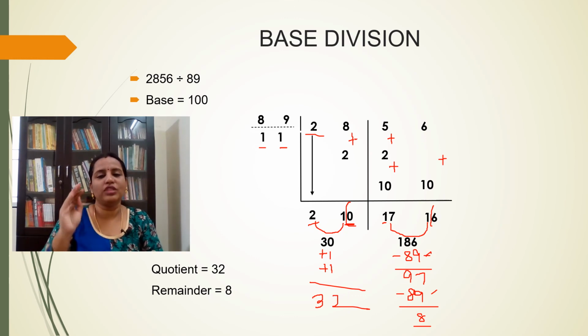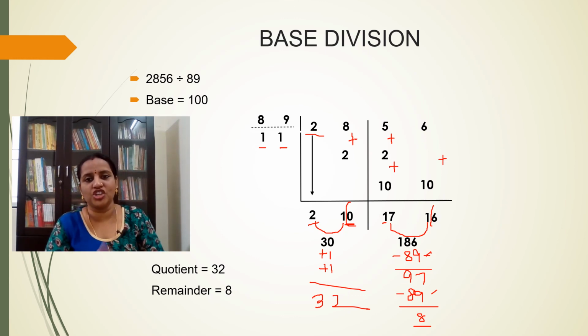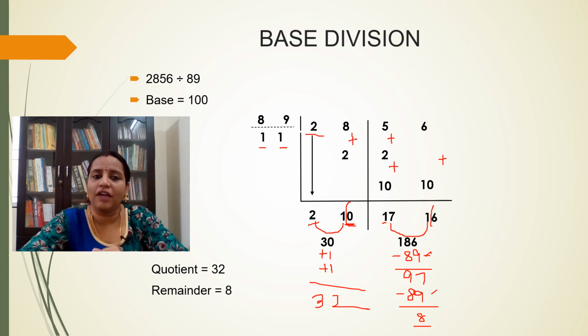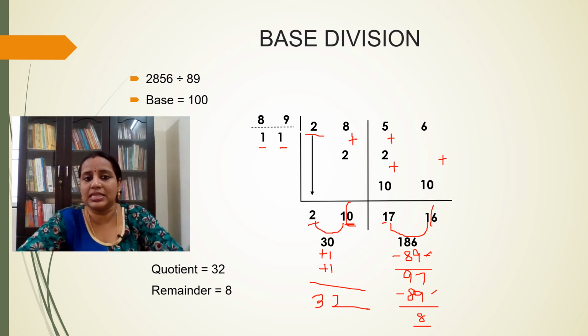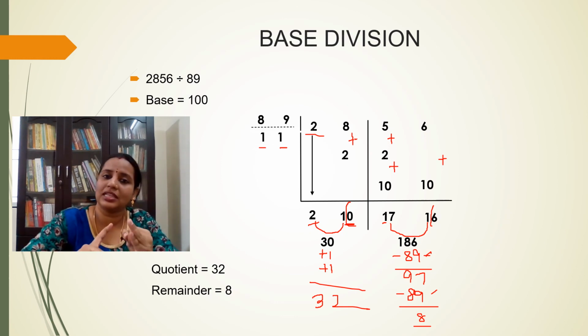The only few things you have to remember in division are, first you have to check the base and then split the remainder digits, which corresponds to the number of zeros in the base. Next, I have to check the Nikhilam.